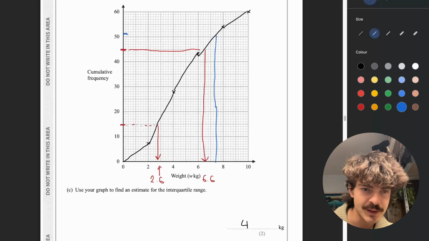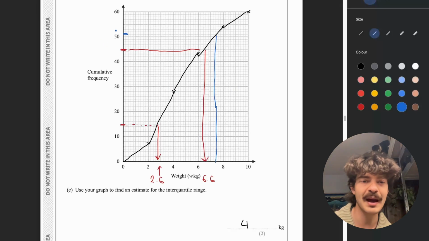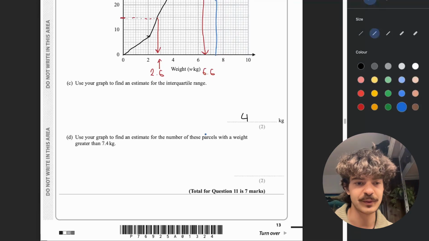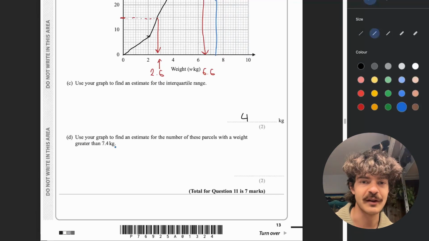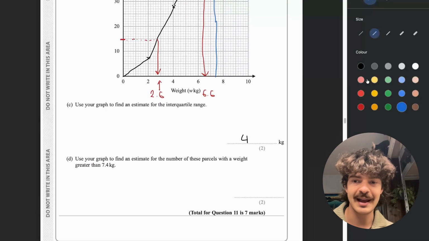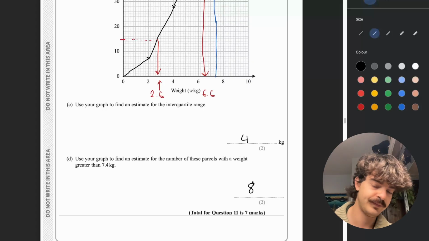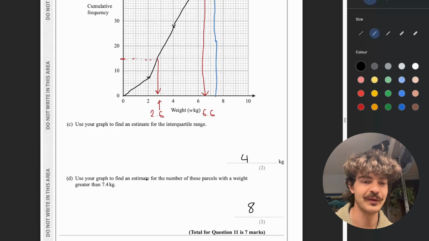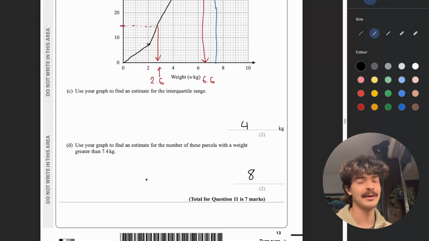And if we go all the way across, that gets us to about here. It's about 51. So we're going to say that there's 8, where the 51st is exactly 7.4 kilos. So there's about 8 bigger.